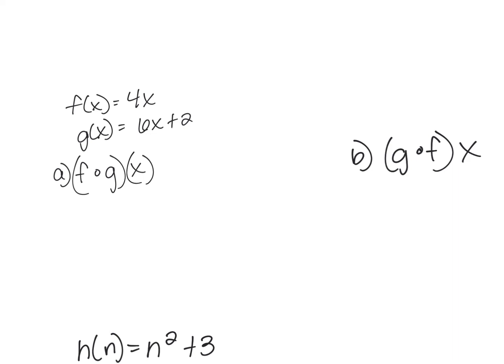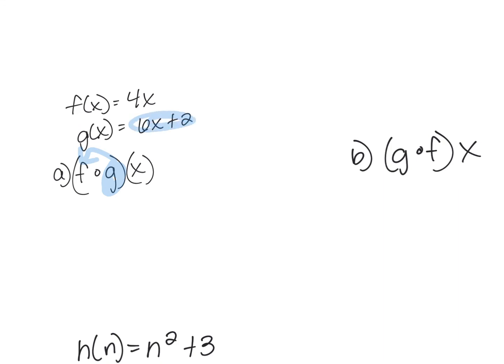So we have f of x equals 4x, and g of x equals 6x plus 2. So what you do on this is you take the second function, so g of x in this case, and you plug it in to the first.